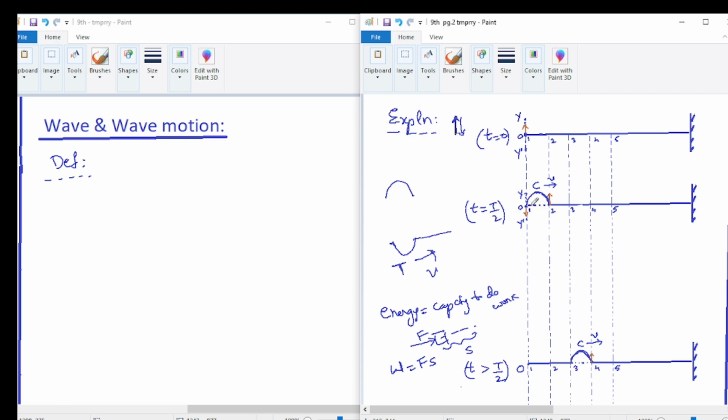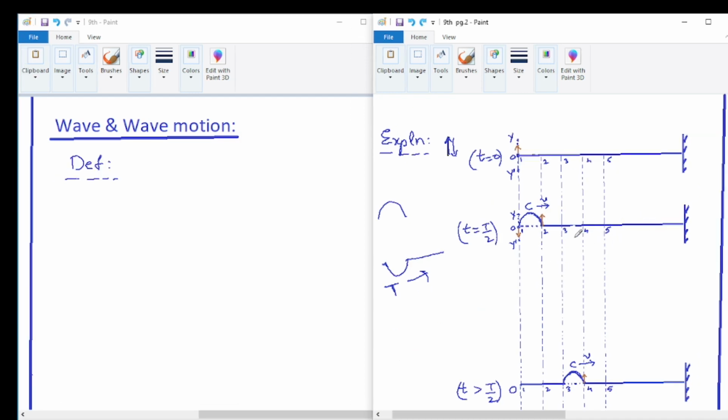It's a disturbance created at a point which moves through the medium due to vibrations of particles. This special motion of the disturbance due to vibrations of particles is called wave motion, and this moving disturbance itself is called a wave. The more accurate way of stating it: a wave is energy in the form of a disturbance which, when created at a point in a medium, travels through the medium due to vibrations of the particles.